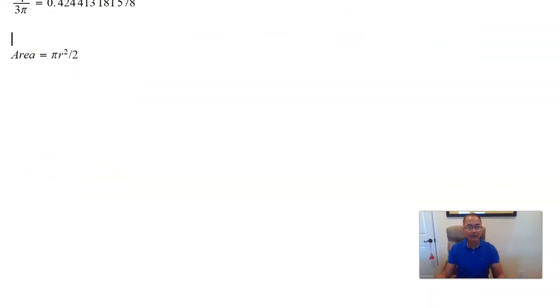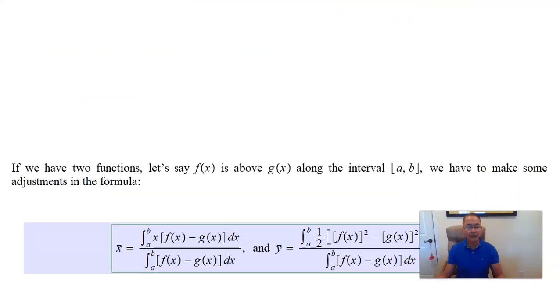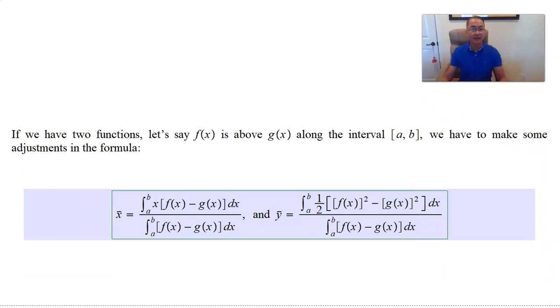So when that happens, how do we modify the formula for x bar and y bar? Okay, very easy. First of all, you need the area of the region in the denominator, just like we had. This time the height of the rectangles is f of x minus g of x. You've done that since basic integral calculus.